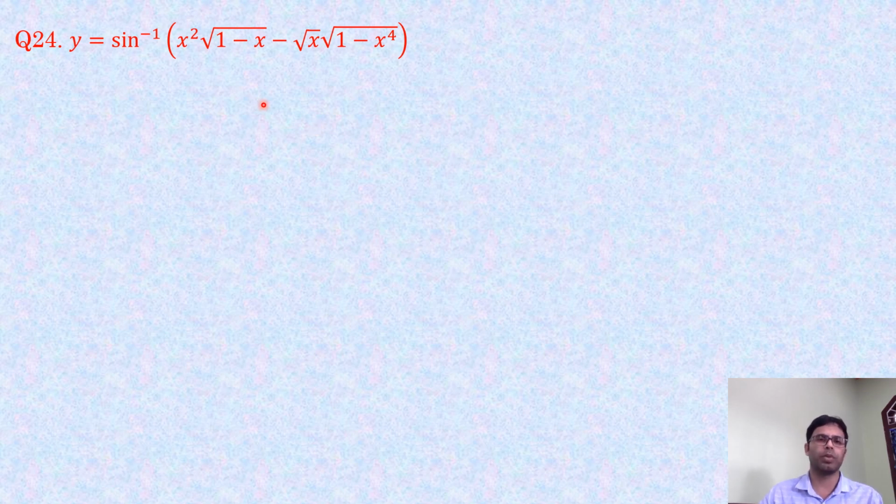Now you come to this question, and it is an important question. Before writing the solution of this problem, first of all you have to know one formula again here.